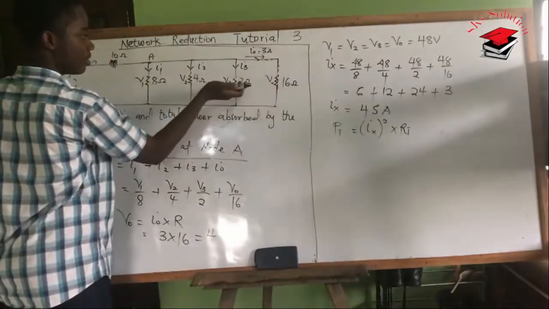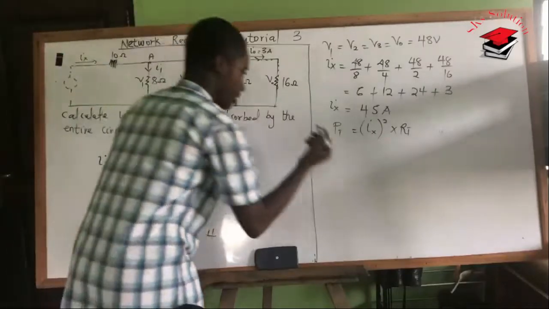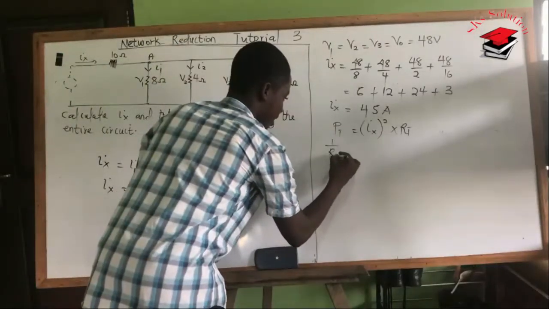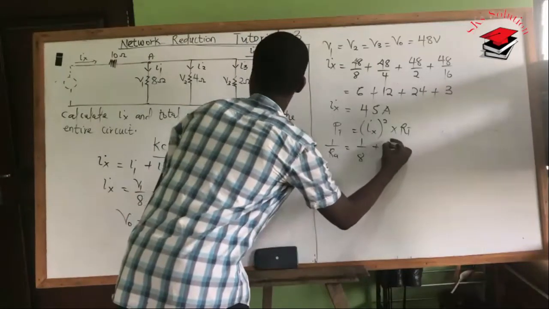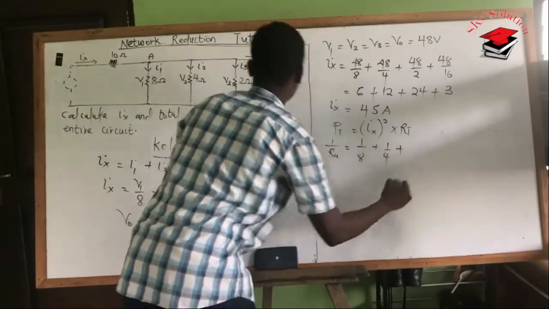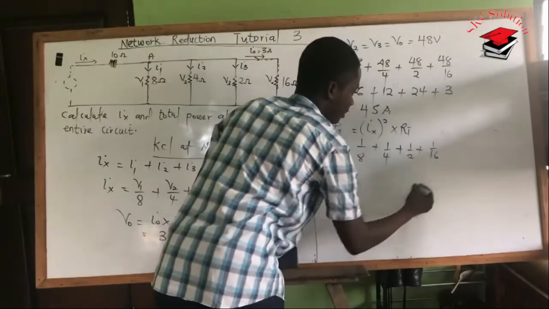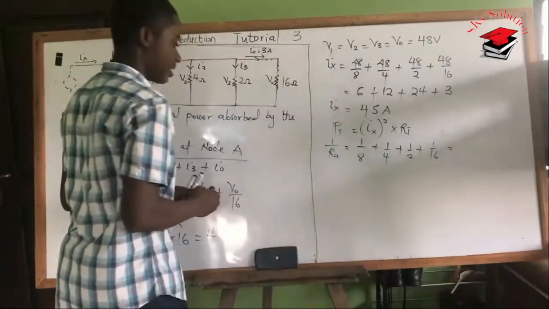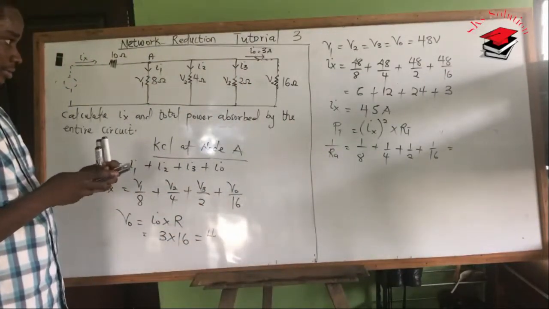So let's start from here. We know 16, 2, 4, and 8 are in parallel. Let's find its equivalent. Let's say 1 over RA is equal to what? 1 over 8 plus 1 over 4 plus 1 over 2 plus 1 over 16. We are finding the total resistance in parallel.